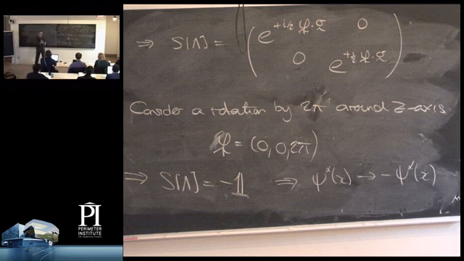Okay, so that's definitely not what happens for a vector. You take a vector, you rotate it by 2 pi, you get back exactly the same vector. So this is the most striking difference between the usual Lorentz representation, the vector representation, and the spinor representation. Rotate things by 2 pi, they don't come back to themselves, they come back to minus itself.